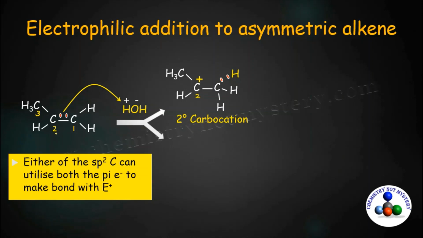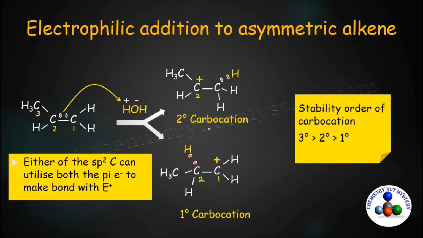Now if carbon 2 utilizes both the pi electrons to make a bond with the electrophile H plus ion, carbon 1 will be left with no electron, so it will develop a positive charge, and as a result a primary carbocation is formed. Now, secondary carbocation is more stable than the primary carbocation.